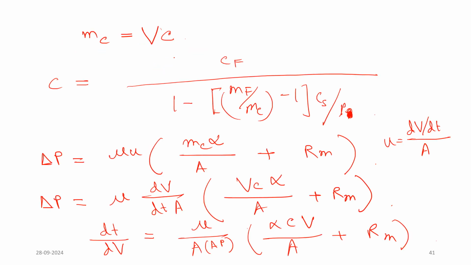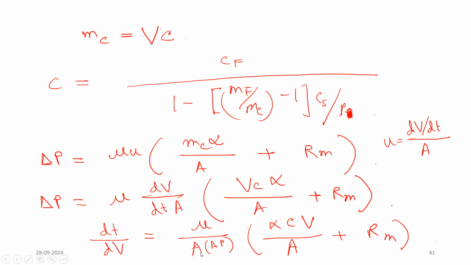So now we are integrating and we are separating first. So dt equals mu C alpha by A square delta P into V plus Rm whole into dV. That is how we are integrating, right?